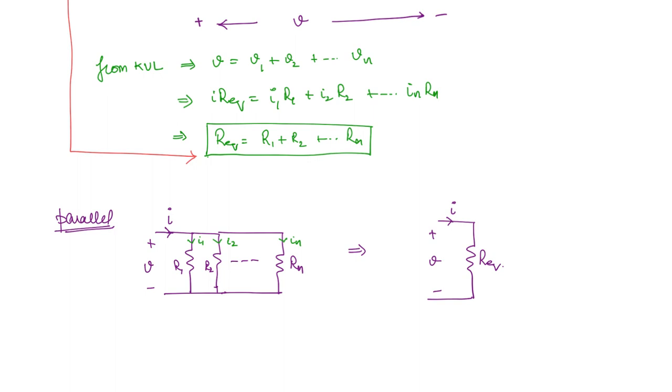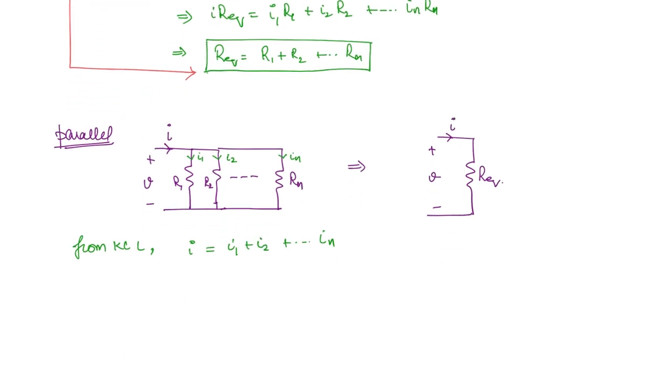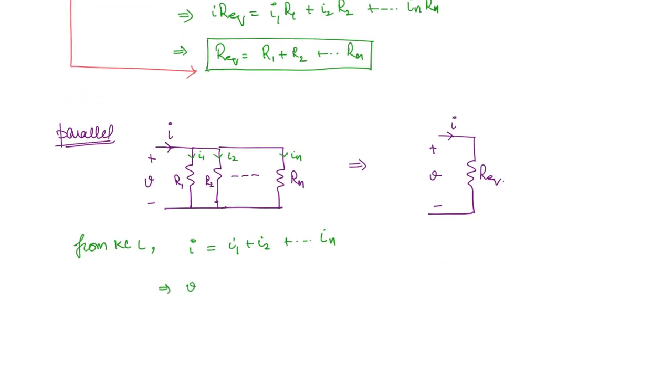Now from KCL, if you apply KCL in this circuit, you're going to get I is equal to I1 plus I2 plus so on till In. Now I you can write in terms of equivalent resistance, using the same Ohm's law. V by R equivalent is equal to I1. Also you can write I1 in terms of the voltage using Ohm's law.